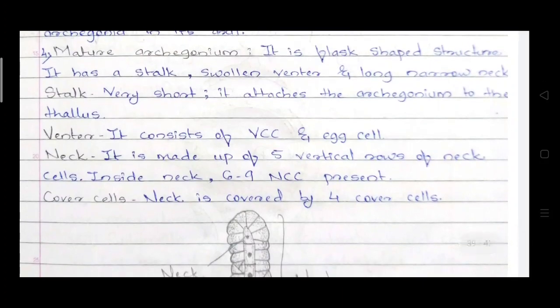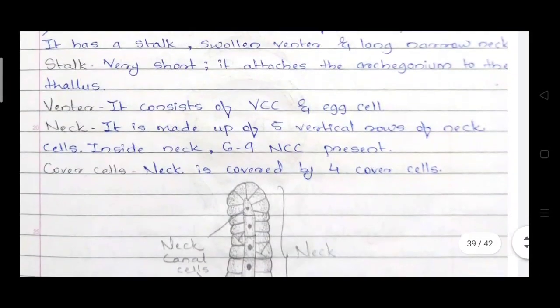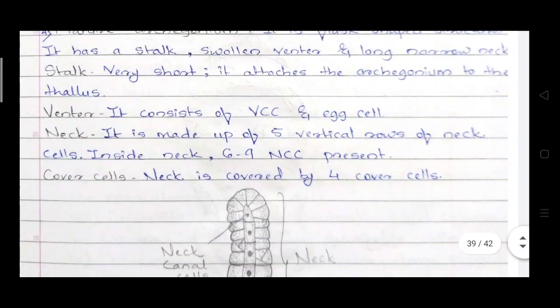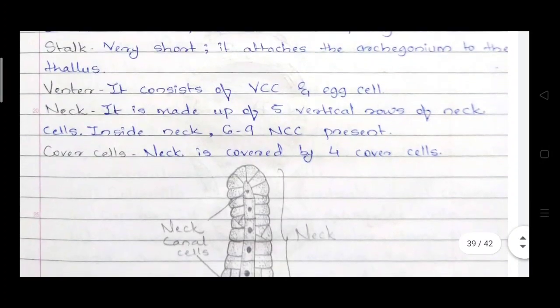The mature Archegonium looks flask shaped. It has a stalk, a venter and a long narrow neck. The stalk is very short and attaches to the Archegonium.